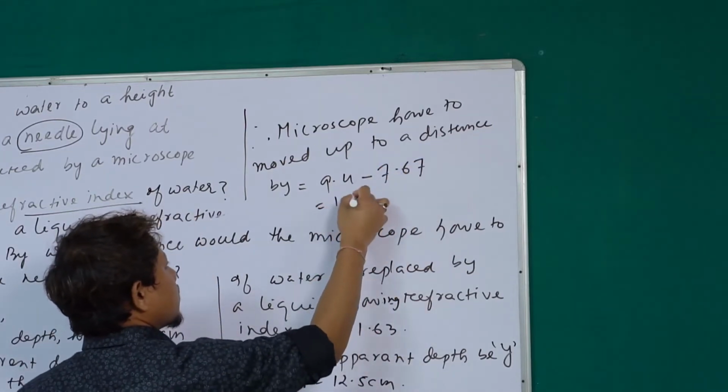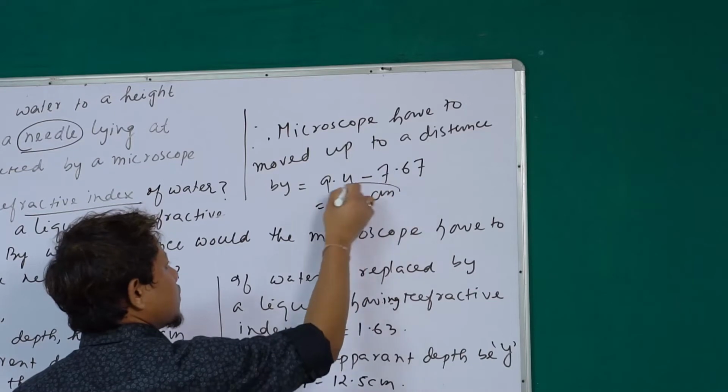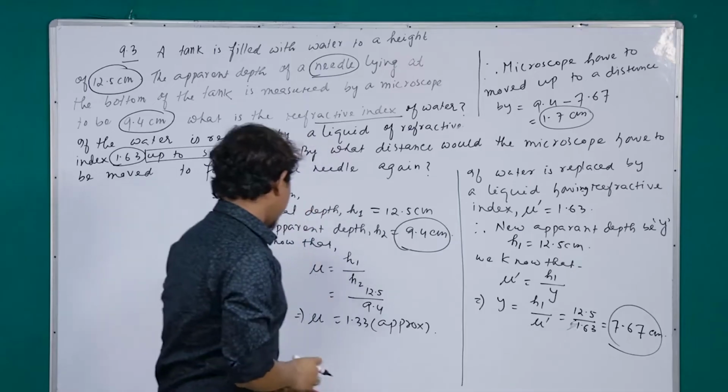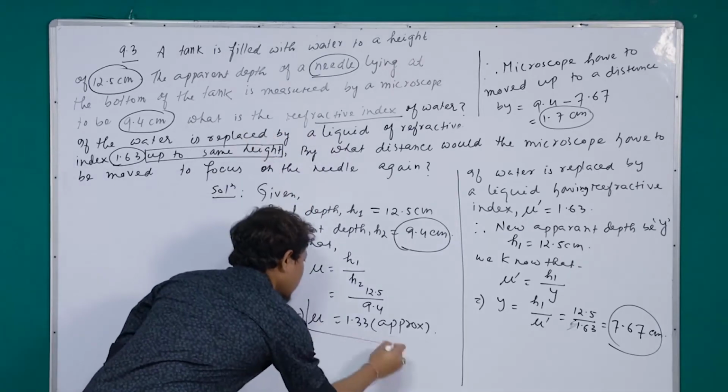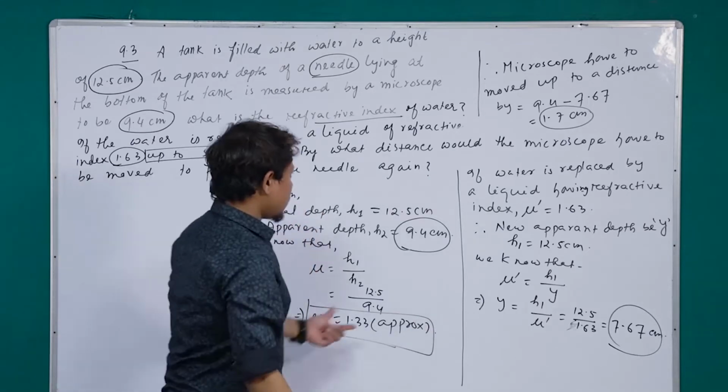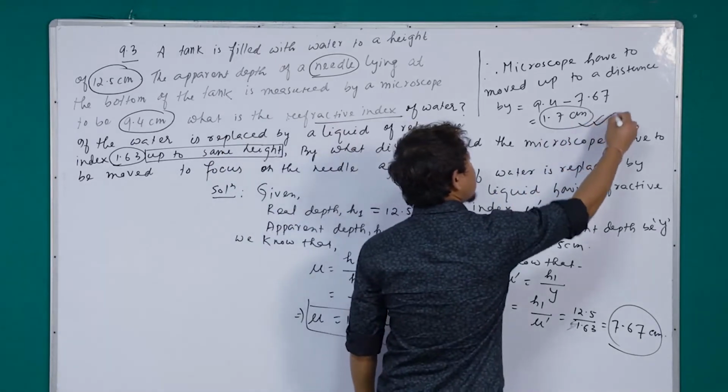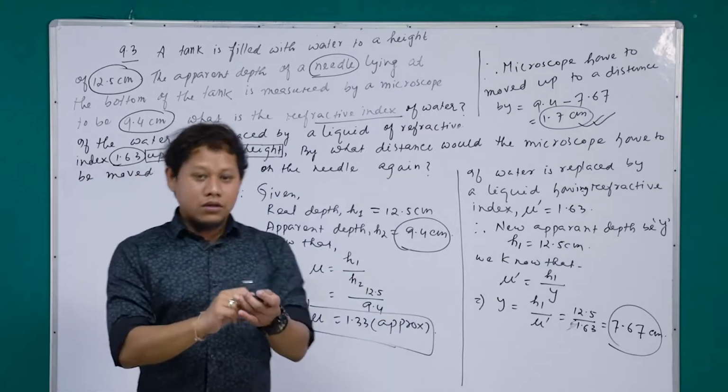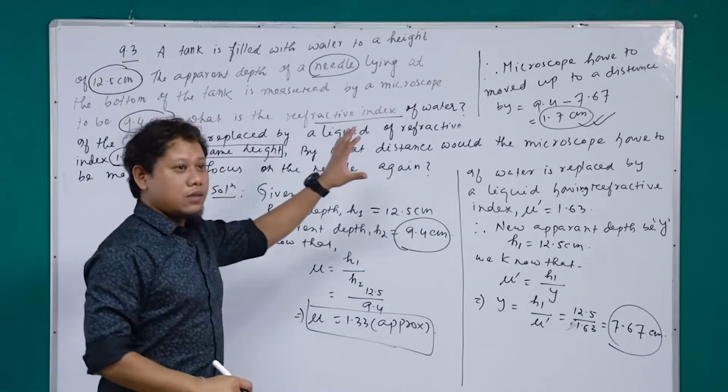This is 1.7 centimeter. So this is the answer. So we got the refractive index. This is the answer for part 1, and this is the answer for part 2. So this is one important question.